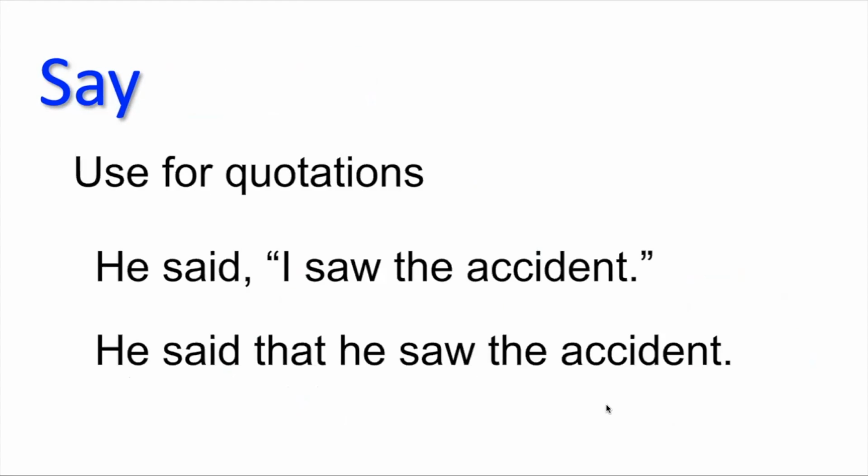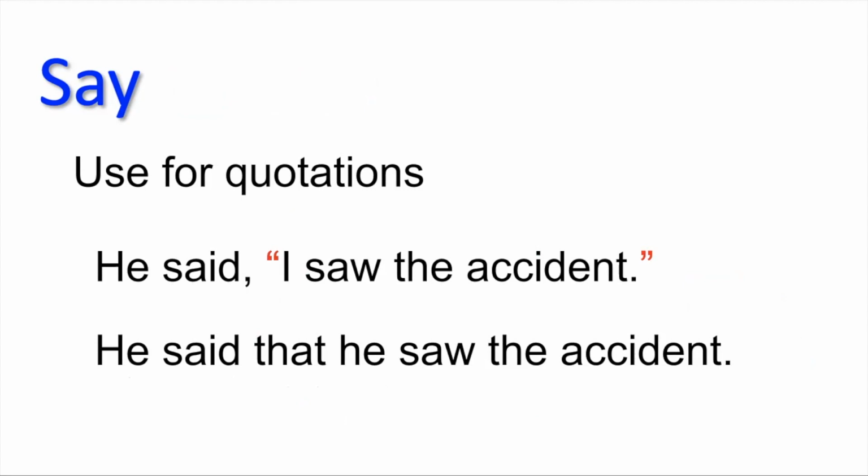So how do we use say? It's used for quotations, reporting what someone says, either a direct quotation, where we write the exact words that were said and put them in quotation marks, or an indirect quotation, where we report what was said without quotation marks.